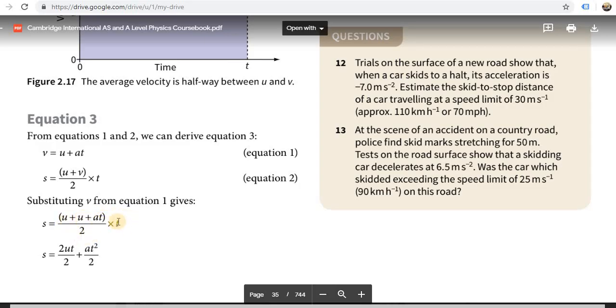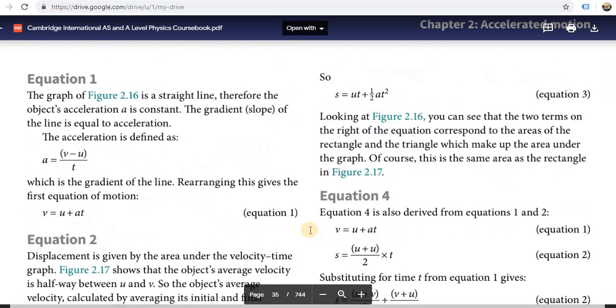So 2u, and you are multiplying by what is outside, 2u times t, 2ut. Then over here this term at squared. The denominator is the same, so we can write it like this. This 2 and this 2 cancel, so we get ut plus half at squared, which is the third equation. You see here, ut plus half at squared.